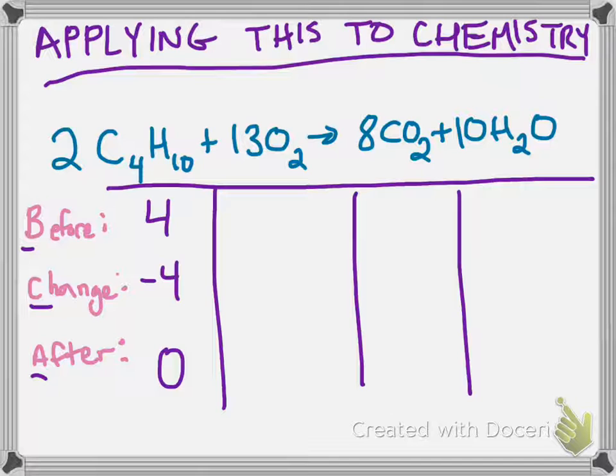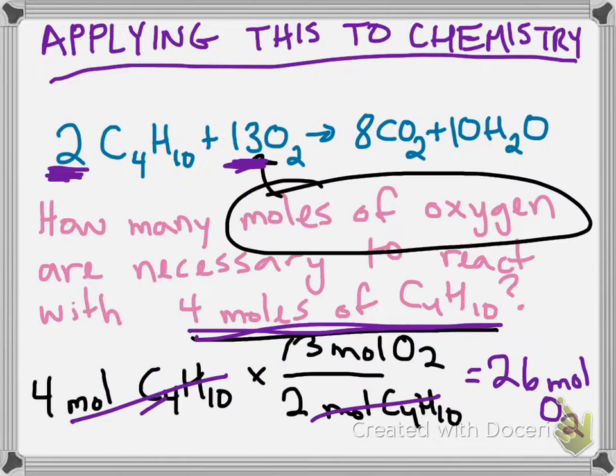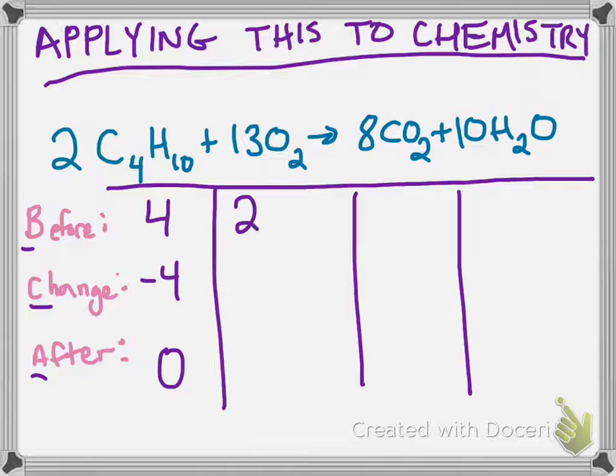So I need to figure out how much oxygen is necessary to react with the 4 moles. Well, we did that calculation right here. We know that there are 26 moles of oxygen. So I'm going to lose 26 moles, and I'll be left with 0. Now the question is, how much of each product will be produced?